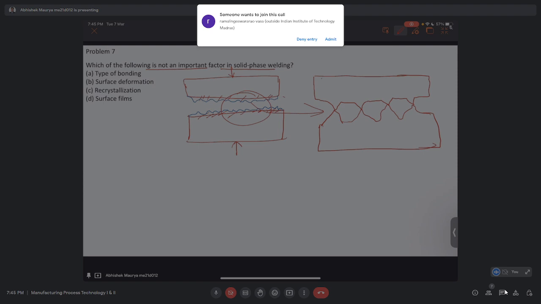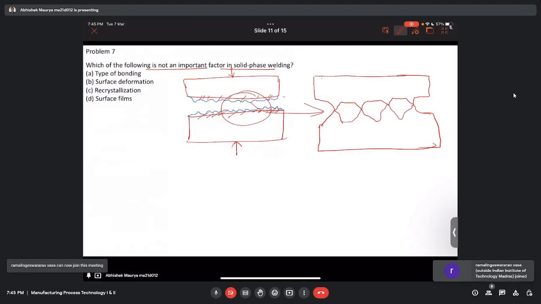You might think that since I have brought both surfaces together, there might be a perfect contact between them, but in fact it is not there. Only some peak to peak contacts take place.